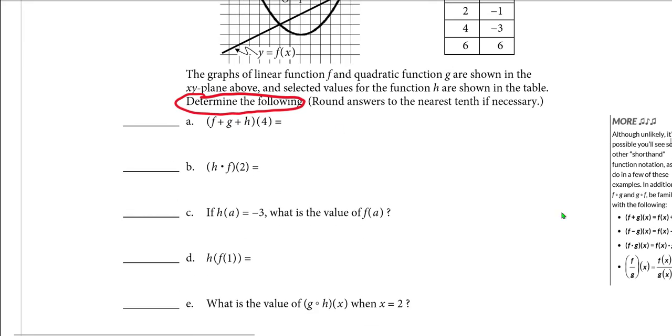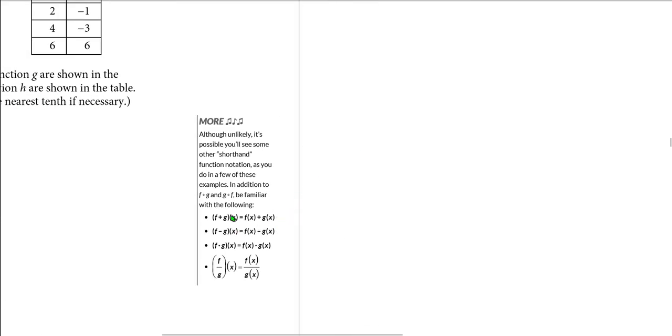First of all, there's this little note box over here that you might want to take a look at. There are a couple of different types of notation that might pop up on the test. We already talked about composite notation, f of g and g of f. And now we have some other notation that revolves around adding, subtracting, multiplying, dividing functions.